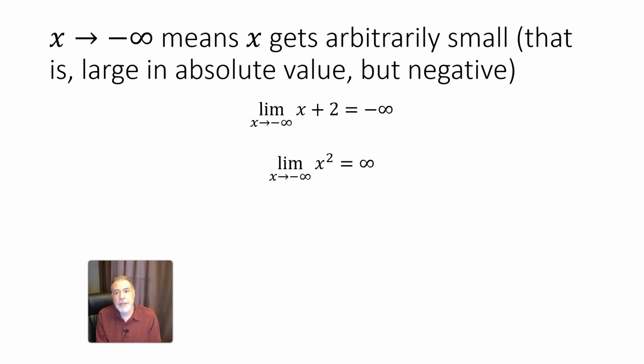There's no limit to how big that can get. The limit as x approaches negative infinity of 10x over x, again, that's just 10. Because no matter how big or small or negative or whatever x gets, 10 times x divided by x is always just going to be 10.